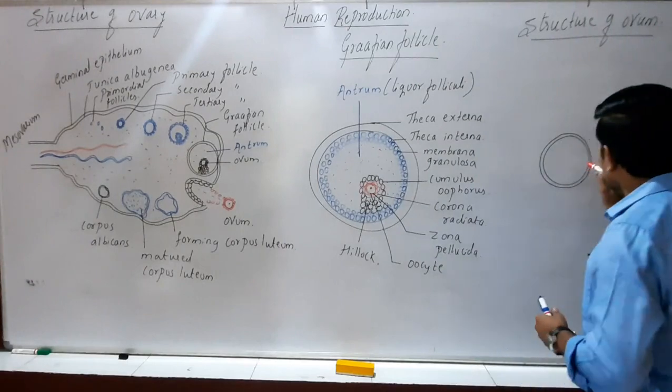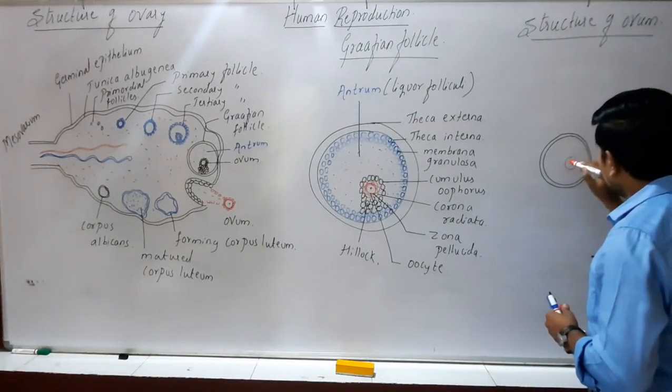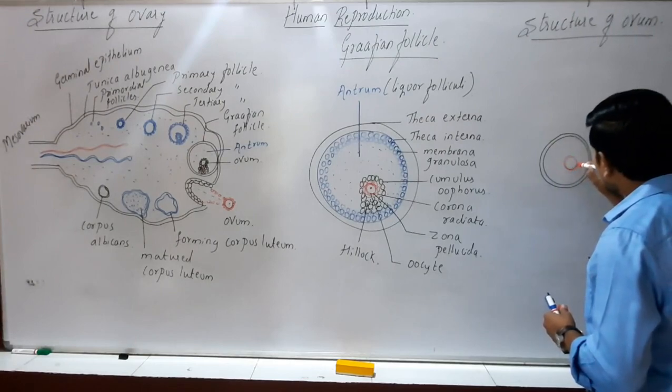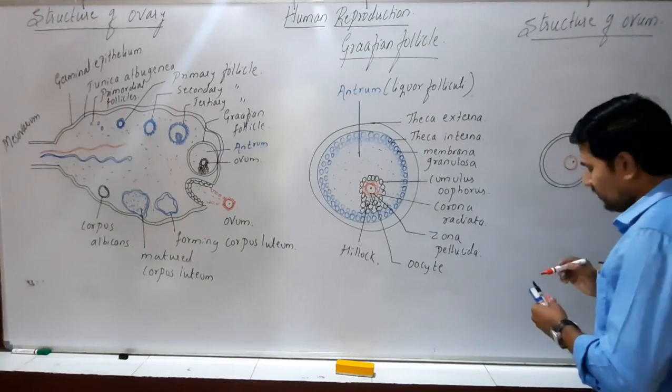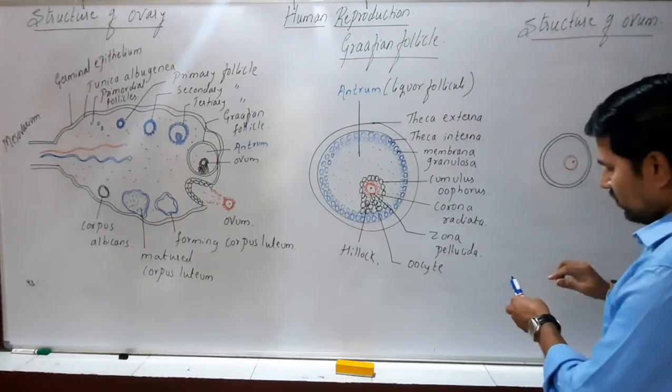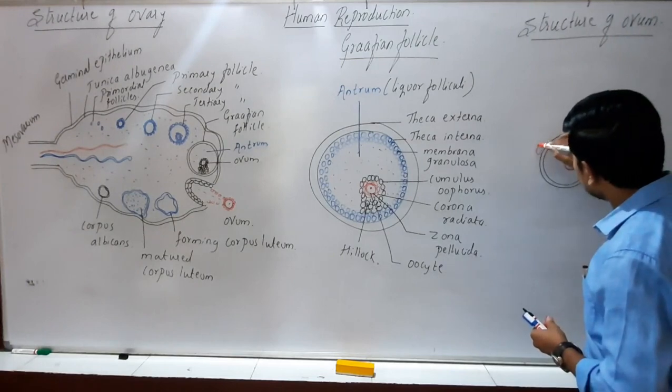Now this is the ovum, and inside the ovum, here we have the nucleus consisting of a nucleolus. And on the outer side, it is surrounded by certain cells.